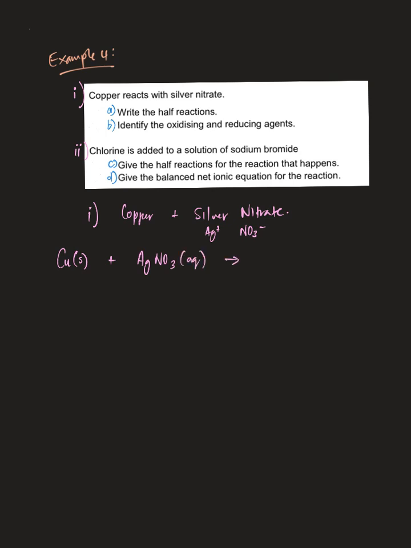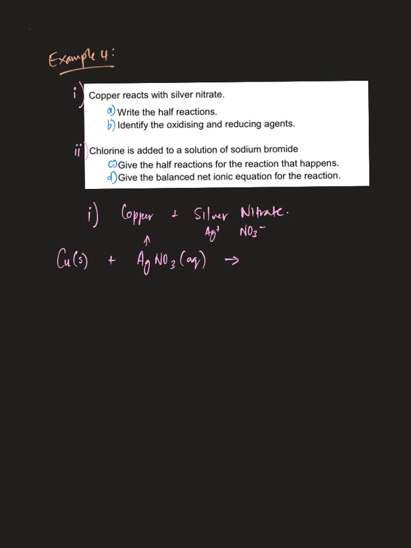Now, you did a video on types of reactions, and you did single displacement, double displacement, synthesis, decomposition, and so on. Right. If I'm looking at this, I've got a single atom and I've got a compound. The only type of reaction that I can have here is single displacement, which means the copper is going to kick this silver out because it's more reactive and take the NO3.